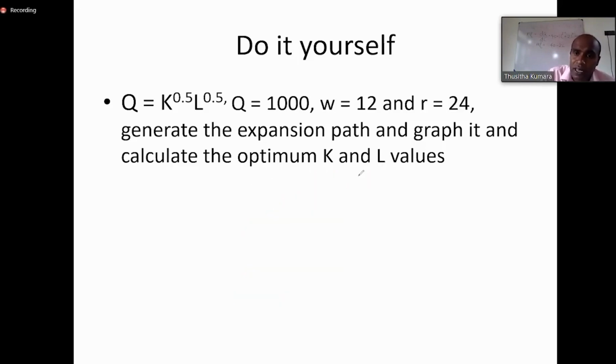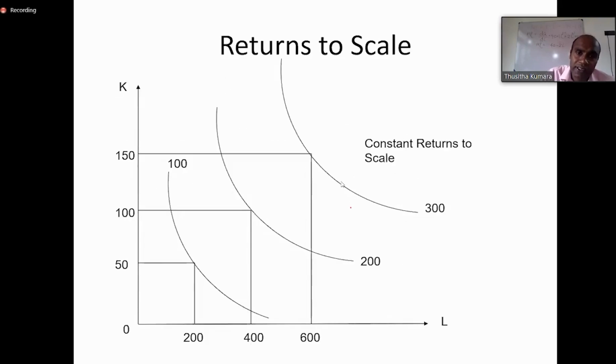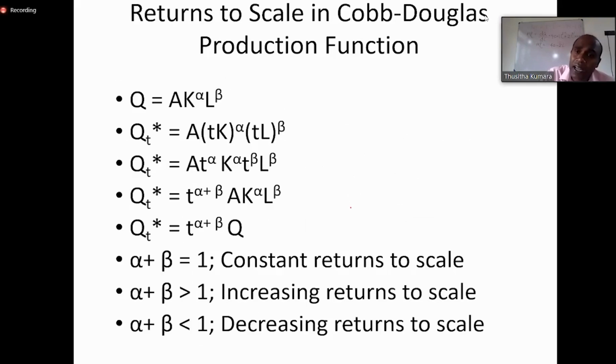So now we can use this Cobb-Douglas production function and calculate the returns to scale. Let's start with the generic form, AK^alpha L^beta.